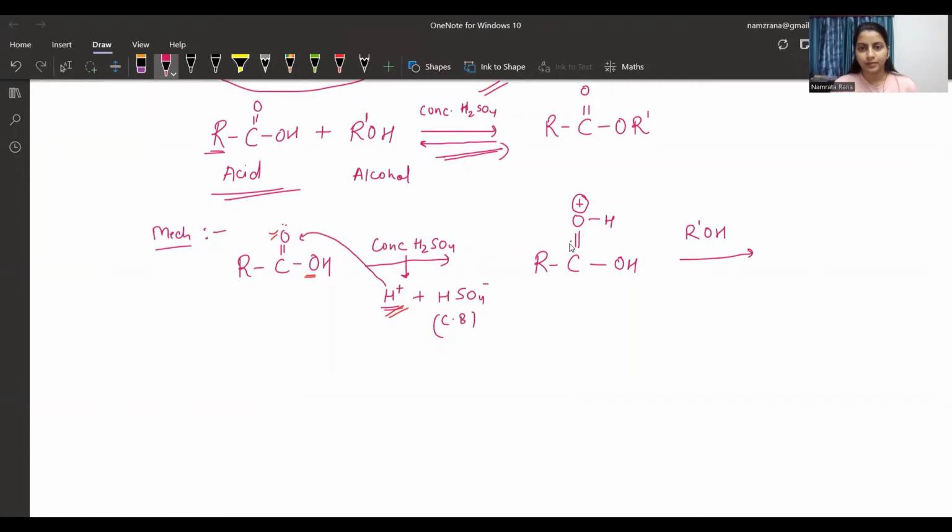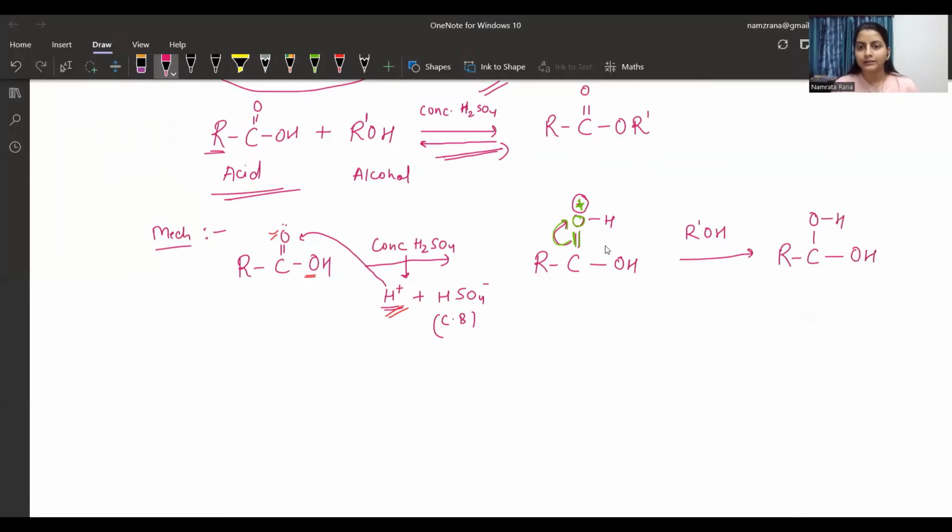Also, this double bond will shift here. Can you tell me why? Easy, because oxygen being more electronegative cannot bear this positive charge on it. So pi electron cloud from this double bond, which is between carbonyl, will shift towards the oxygen atom, forming what we will be getting, this group as OH and OH group.